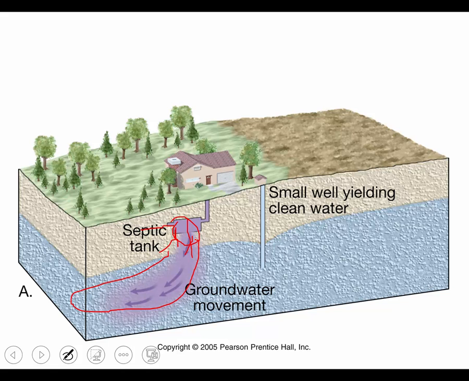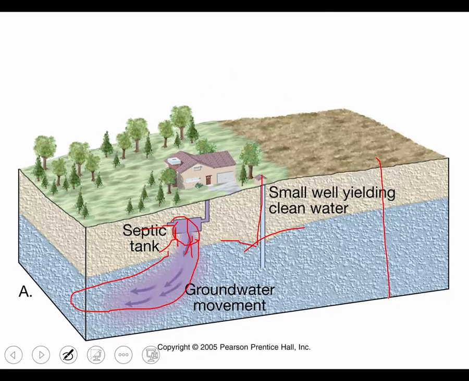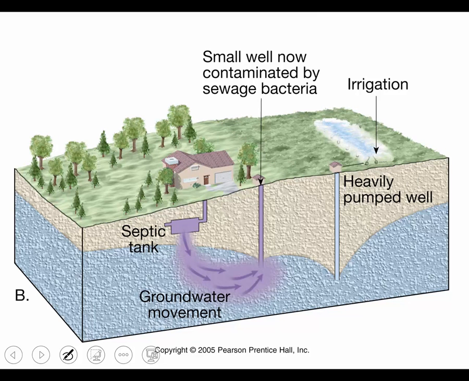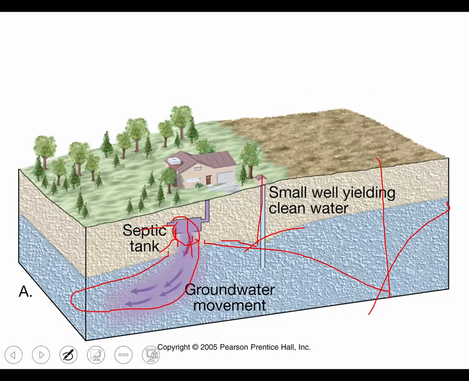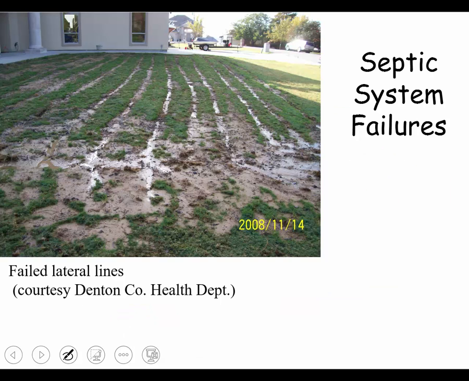You are updrift, not a problem, until your neighbor starts to pump more, and now you are pumping your own sewage. Never a happy homeowner here, and the irony is that the septic tank and the well were situated in a place which is relatively safe until we began to alter that particular area.